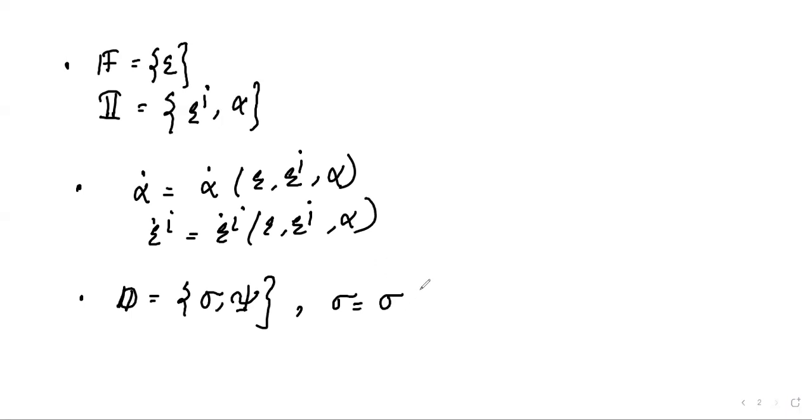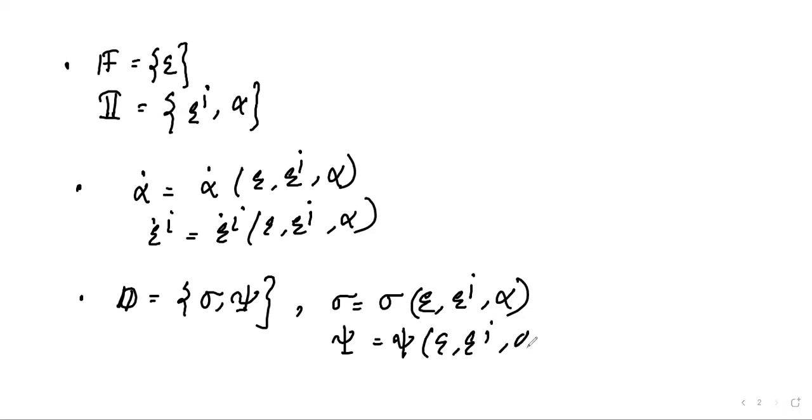So sigma is a function of the free variable epsilon and the hidden variables epsilon I and alpha. This would also be the form for psi, because psi is also a dependent variable, a function of epsilon, epsilon I, alpha.